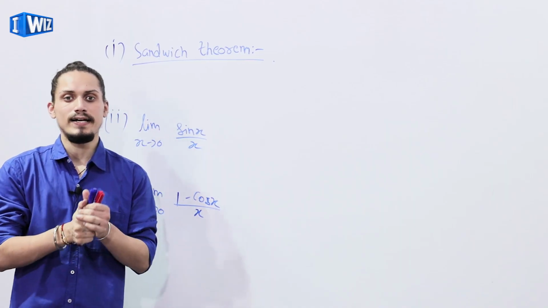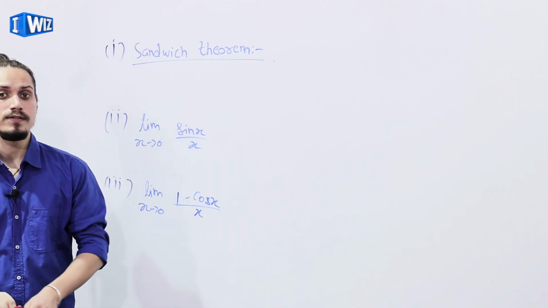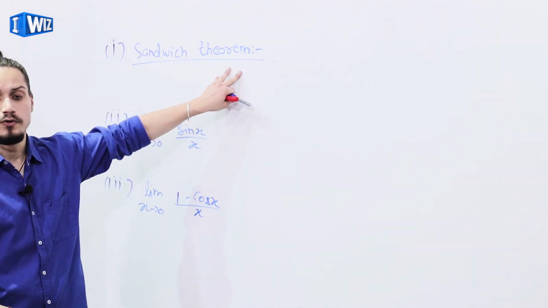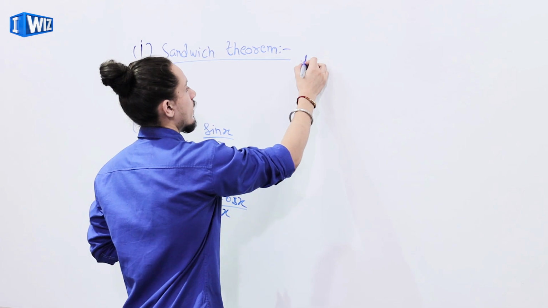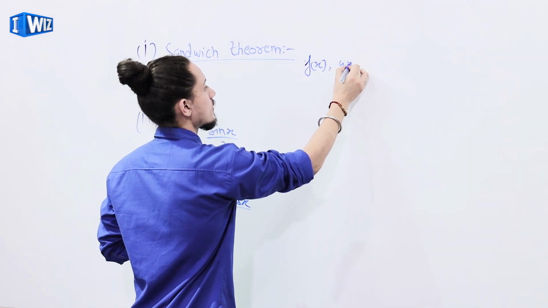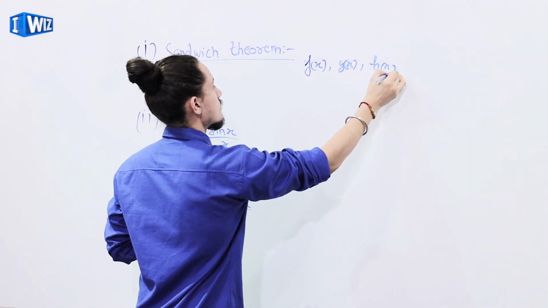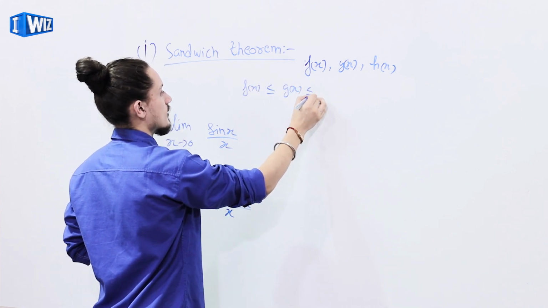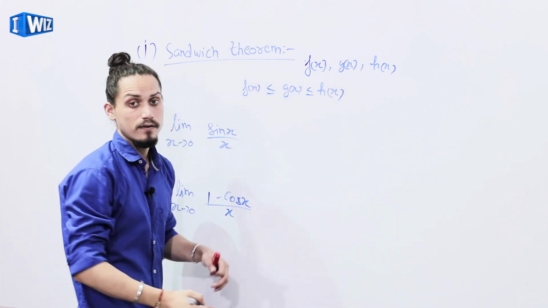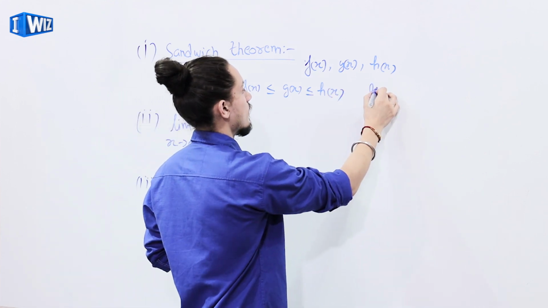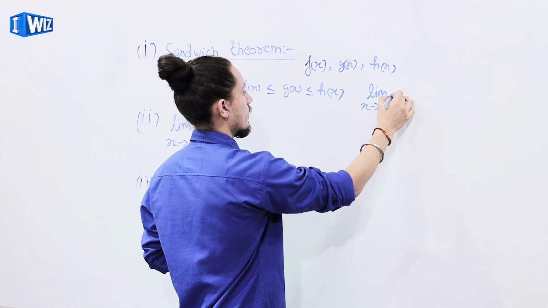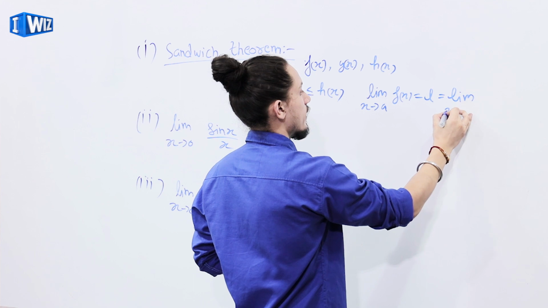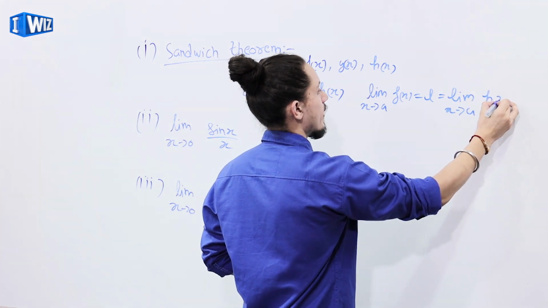Now we'll try and find limits of some trigonometric functions, but for that you should know these three expressions. First one is the sandwich theorem. If we have three functions f of x, g of x and h of x such that f of x is less than or equal to g of x is less than or equal to h of x, and we know somehow that limit x approaches a, f of x is equal to L, which is equal to limit x approaches a, h of x.